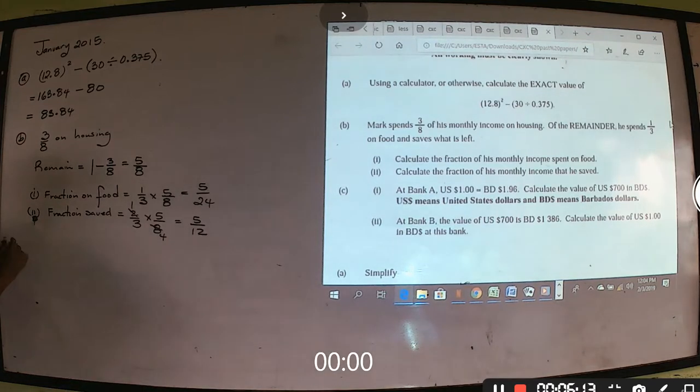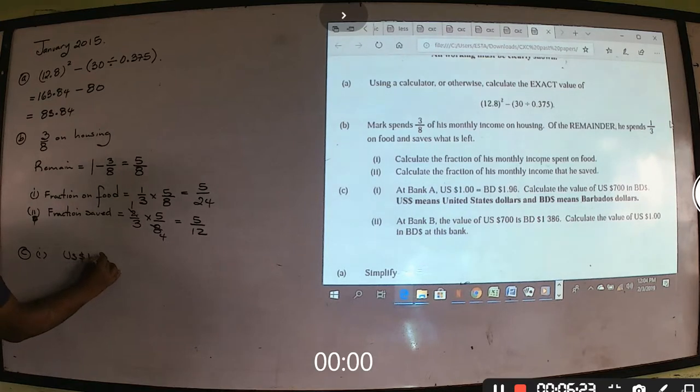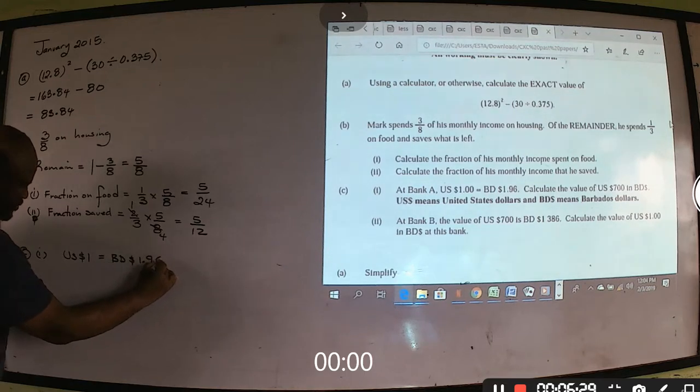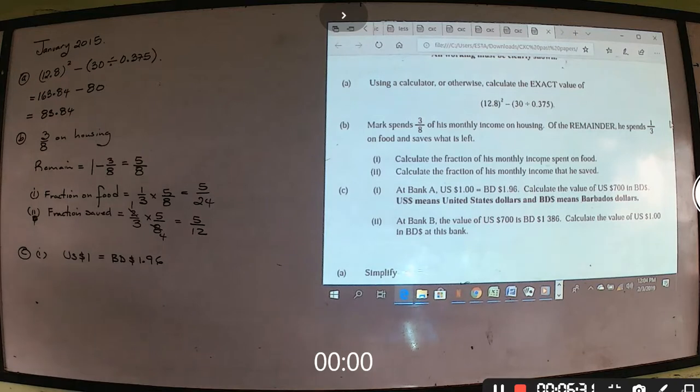I would start by writing out my conversion rate: US $1, Barbados $1.96. How much money are you converting? US $700. I will put US under US.